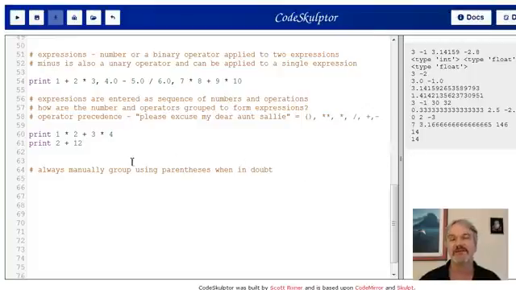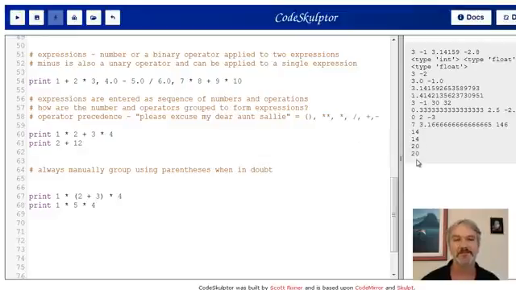And here's the real rule: if you're in doubt about the order in which operations take place, you can always use parentheses. So if I wanted to do that 2 plus 3 first, I could say 1 times open parenthesis 2 plus 3 close parenthesis times 4. That should be the same thing as 1 times 5 times 4, and sure enough, these both evaluate to 20.